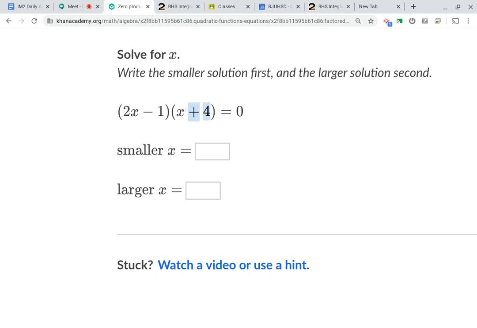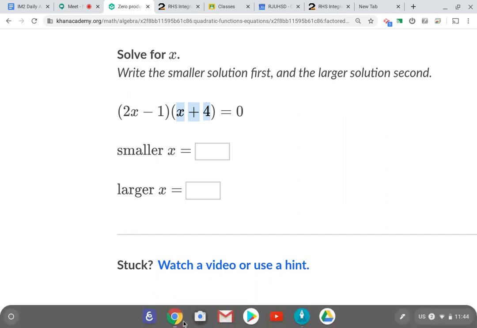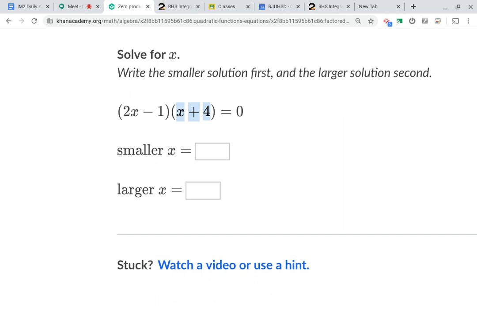So what number can you put here to make negative 4 disappear? I mean, sorry, positive 4? I actually meant to say positive 4, but my brain was giving the answer. So it is actually negative 4, right? The opposite. Make sense? All right.